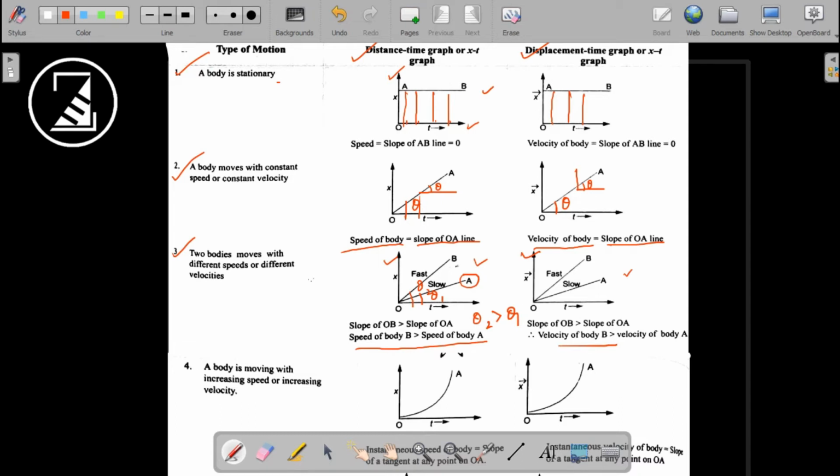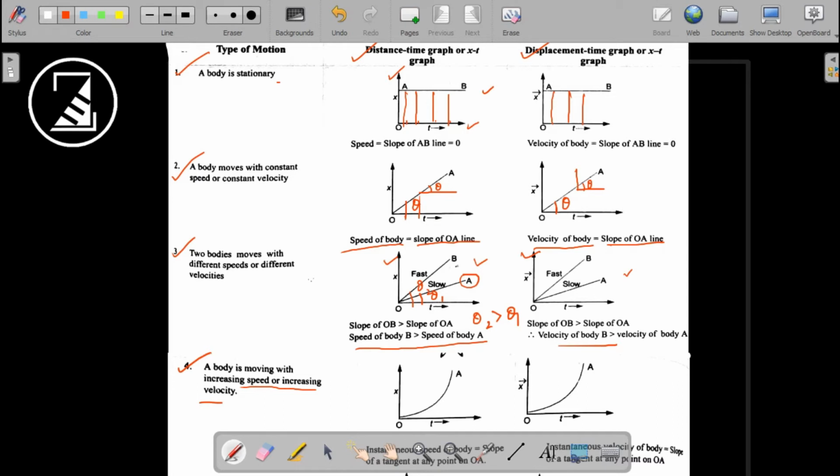Okay, so the more the slope, the more its velocity. The more the slope of the distance versus time graph or displacement versus time graph, the more the speed or the more the velocity of the body. Okay, now come to the fourth situation. A body is moving with increasing speed or increasing velocity.